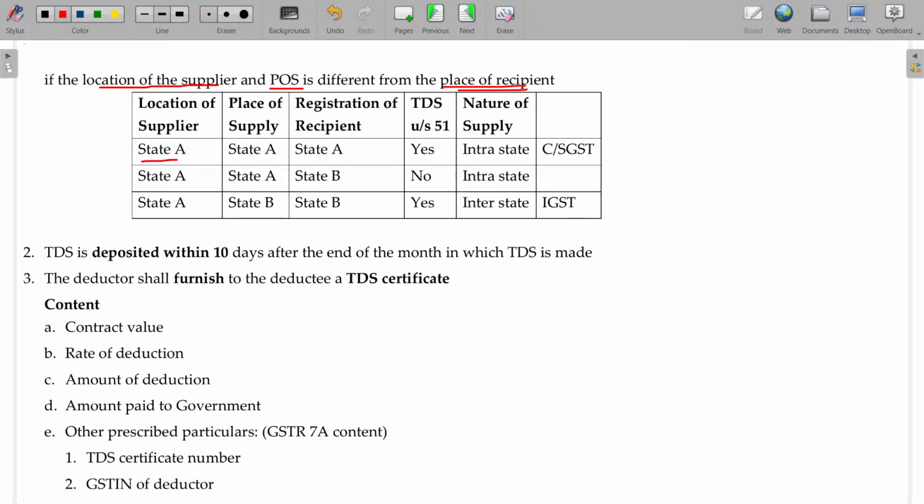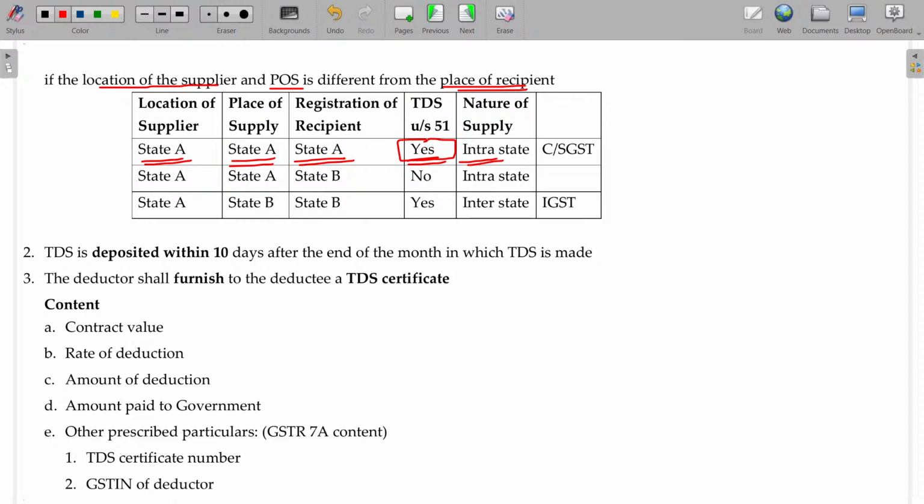Supplier located in state A, place of supply being state A, and registration done by a person also in state A, all in state A, then TDS under section 51 is applicable, that means intrastate. In case of intrastate, CGST, okay, intrastate TDS is applicable.